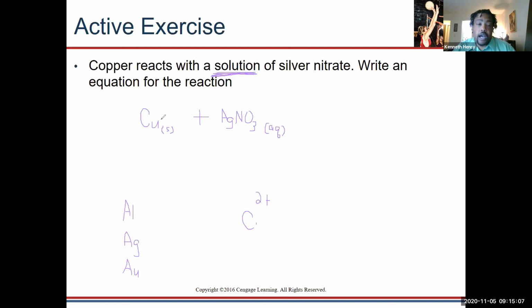So in this case, copper is going to be 2+ when it reacts with the nitrate. That's my hint for you guys.